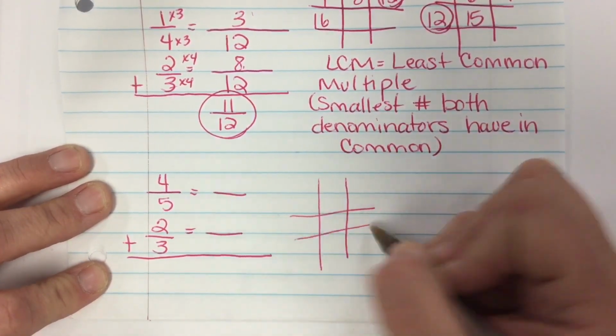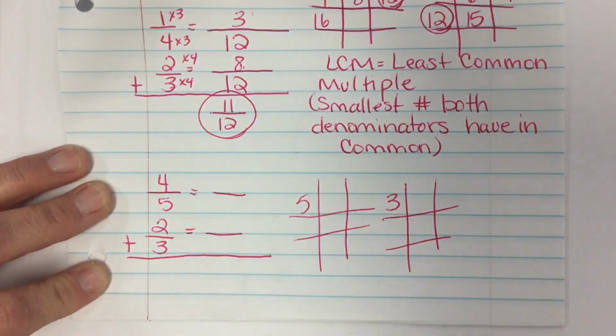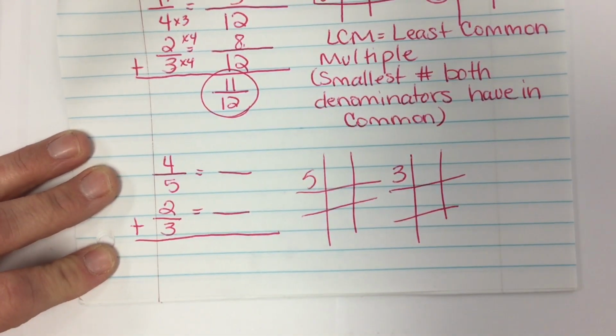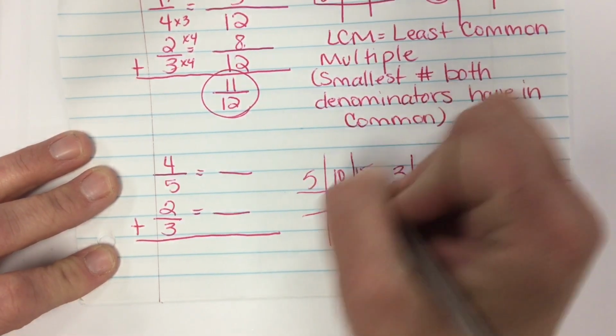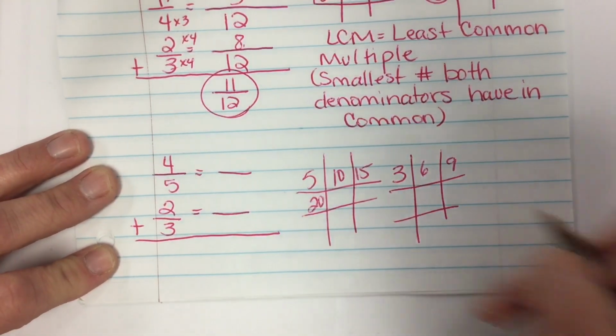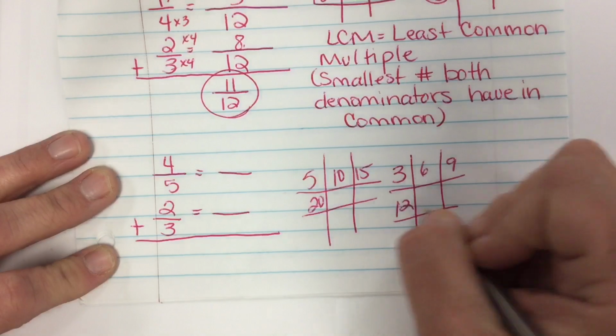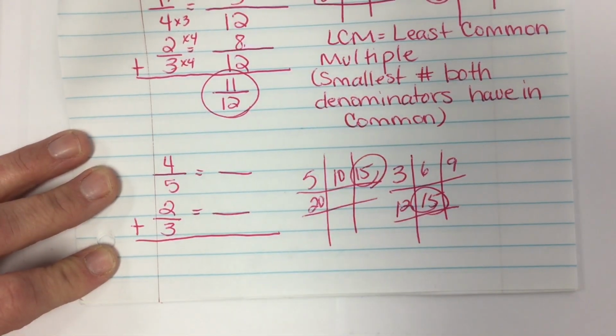Make yourself a tic-tac-toe board for 5 and 3, and find the smallest number they both have in common. 5, 10, 15, 20. 3, 6, 9, still nothing. 12, nope. 15, yep. So 15 should have been your least common multiple.